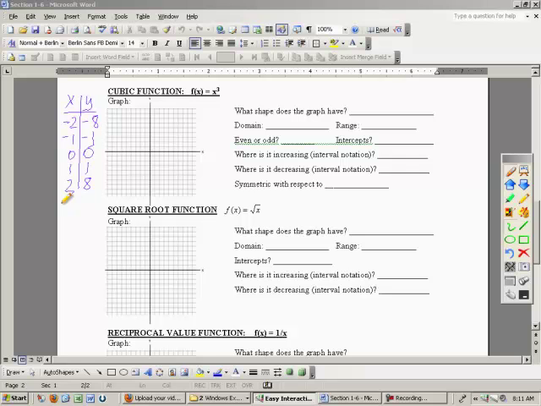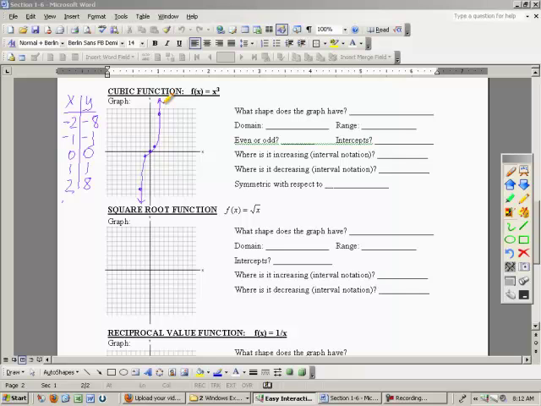So let's plot these points. I've got 0, 0, 1, 1, 2, 2, 8, and then -1, -1, and -2, -8. And you'll notice it's kind of a skinny little S-shaped.